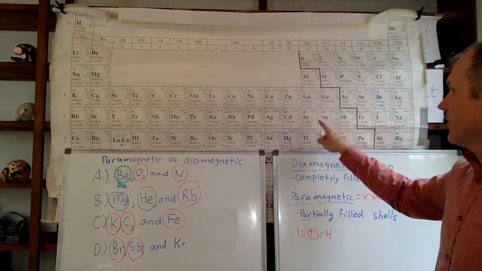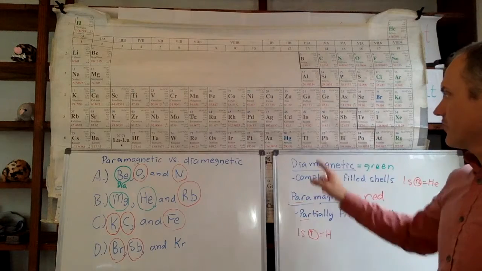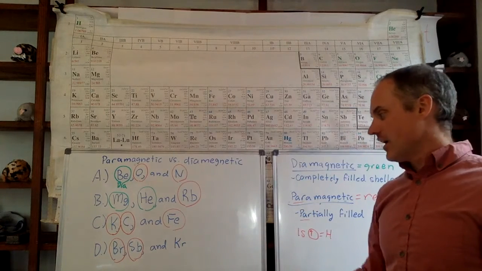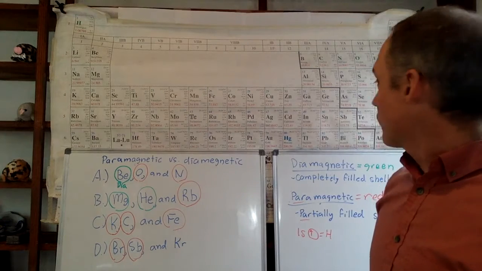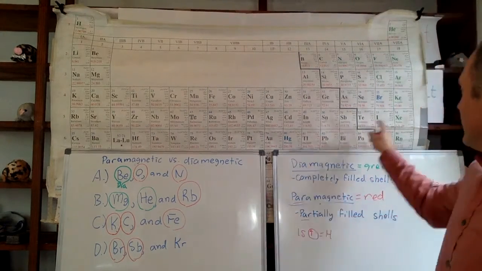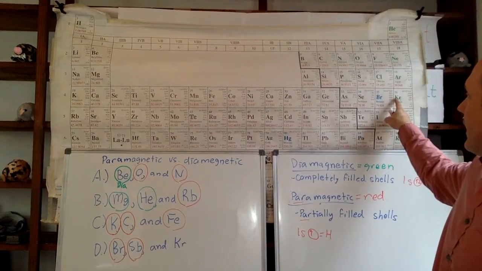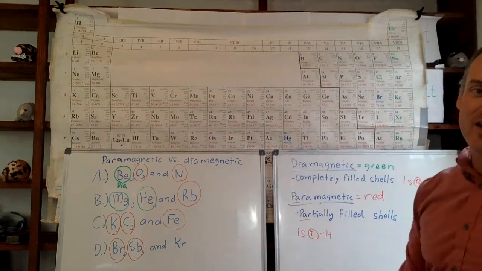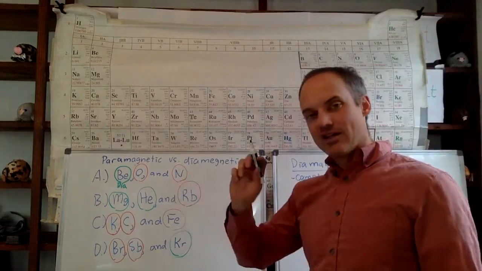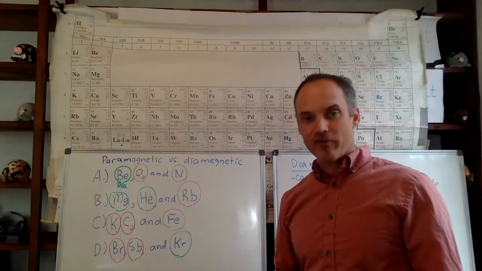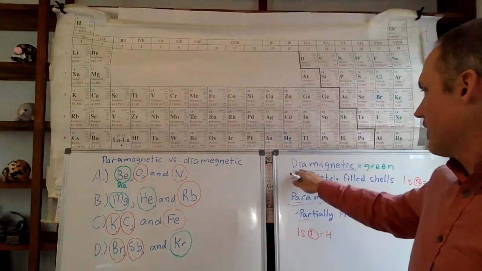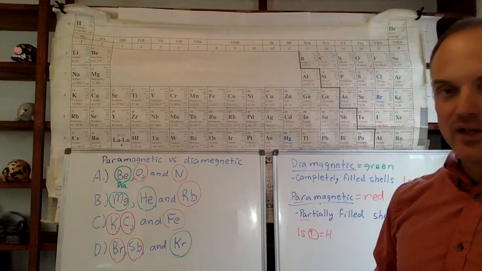Sorry, p1, 2, 3, p3 configuration. And then we have chromium. No, it's krypton, guys. Krypton's over here, a noble gas, and that is a p6. Noble gases do not react with anything because they have a full shell, so they are diamagnetic, or a completely filled shell.